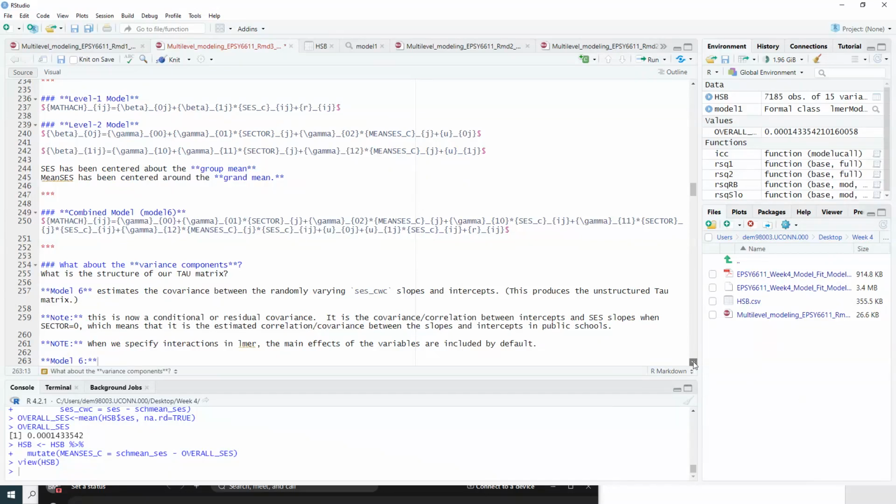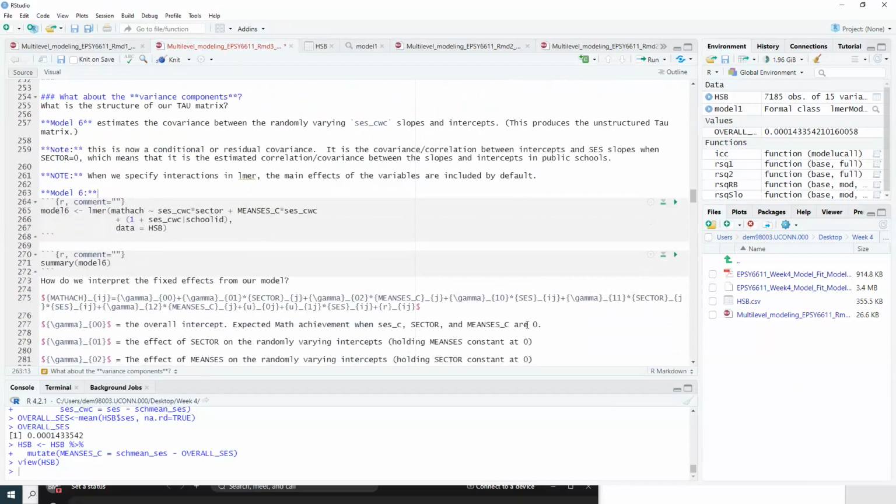Okay. And just another point, here's the model code for this contextual model. You can see that I haven't said anything about the main effects, but in lme4, if I specify these cross-level interactions, the main effects are understood to be there by default. So here I'm saying model 6, math achievement is a function of the SES slope, and the effect of sector on the SES slope, and the effect of mean SES on the SES slope.